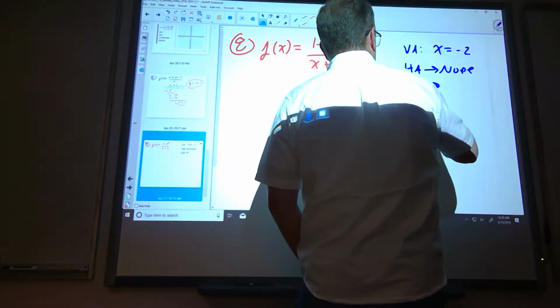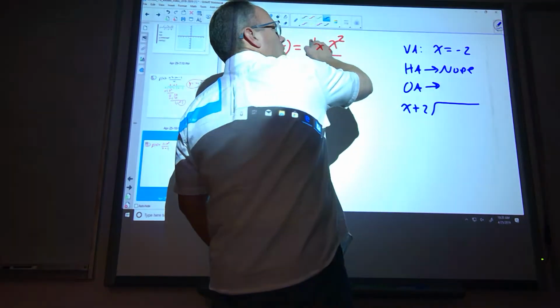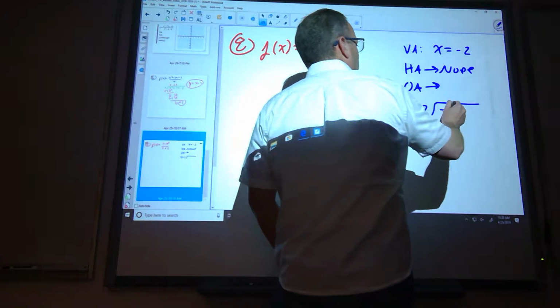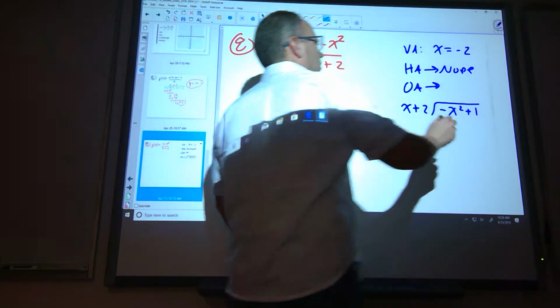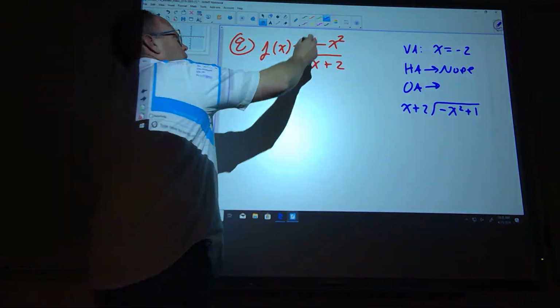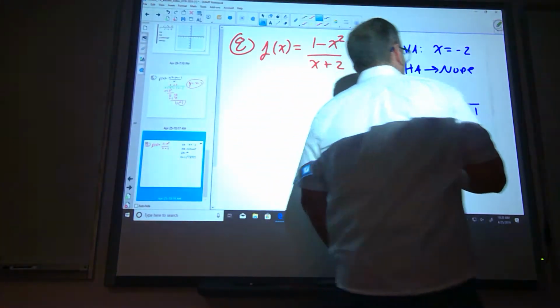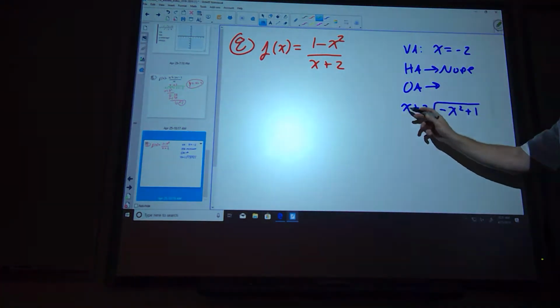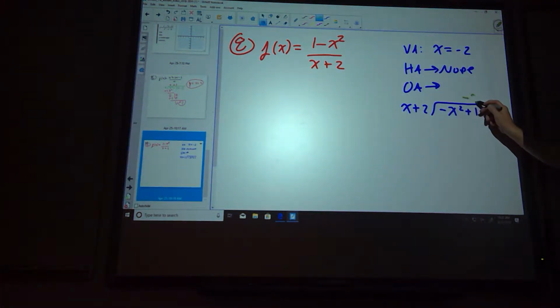So you go x plus 2, and then change the order of this when you put it in. We good? All right, too much chatting. So, what do I have to multiply times x to get to -x squared? -x. So I get -x squared minus 2x.